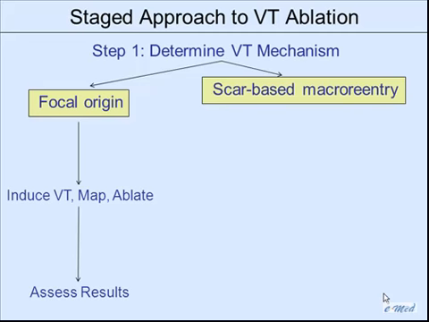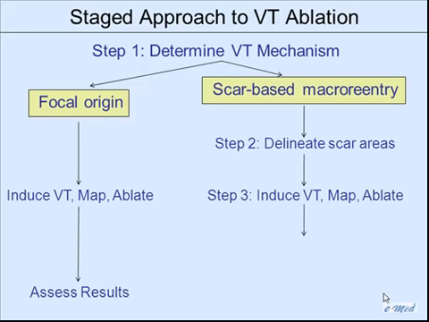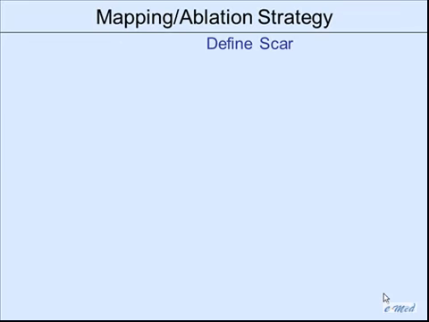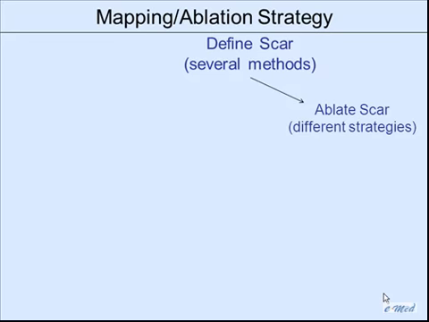If it is scar-based macro reentry, a couple of approaches are to delineate the areas that might be of interest, map VT and ablate, then consolidate with some scar area ablation, and finally assess results. Another way of putting this together is, at the beginning of the procedure, to see where your scar is, by a variety of methods, pre-procedure and afterwards, ablate around the scar using different strategies that we'll talk about, and you're done. Well, that's easy.